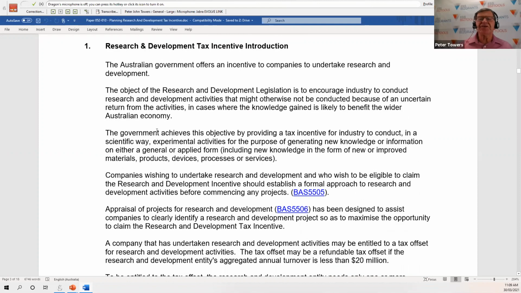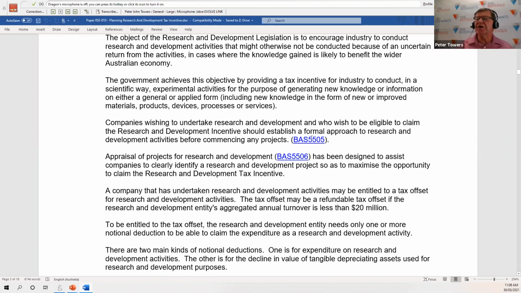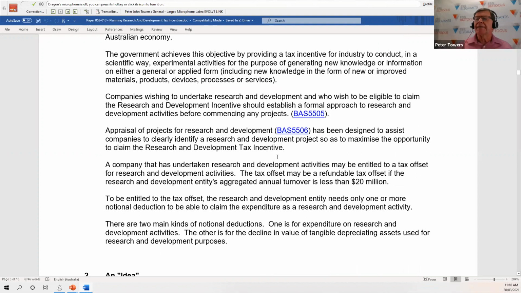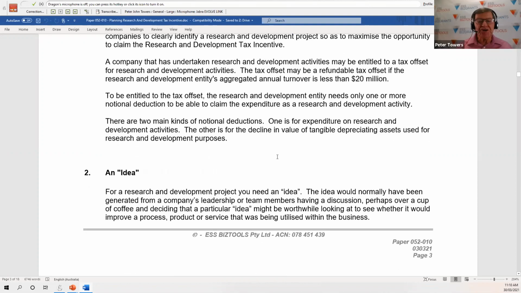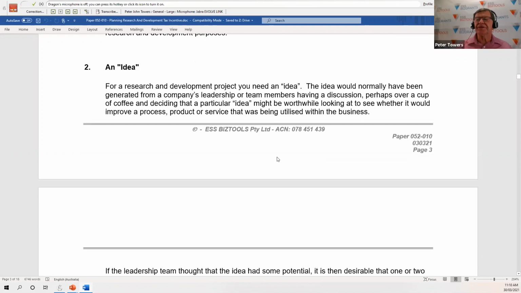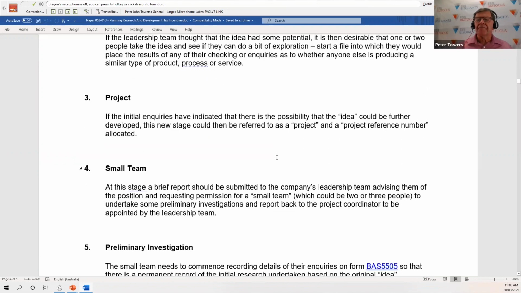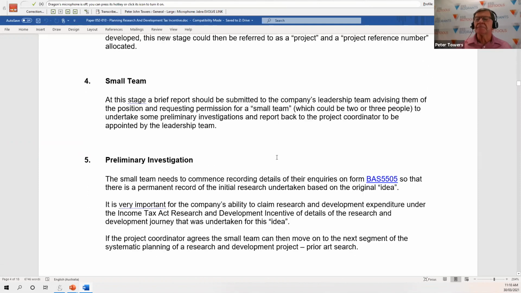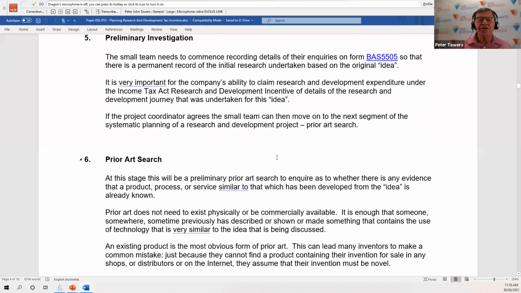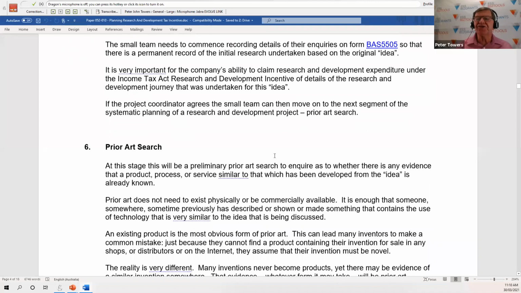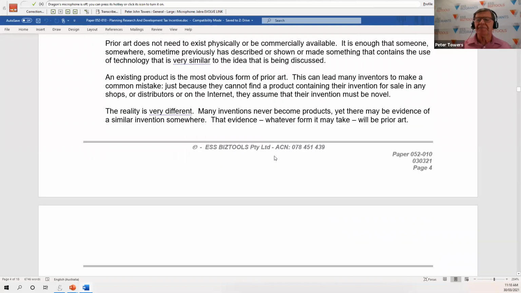So this paper sets out the whole process. We got links to some forms, which we call business advisory services forms, which we're going to show you a couple of those shortly. We're talking about things like prior art search, and we're going to talk more about that in a moment.